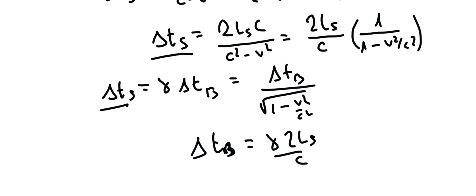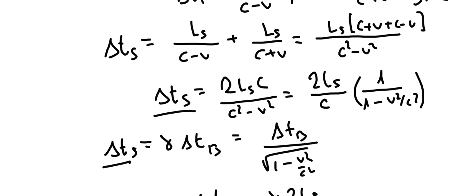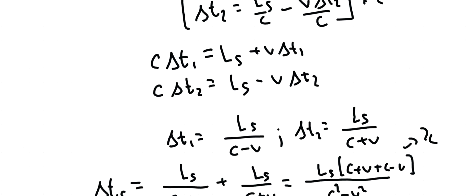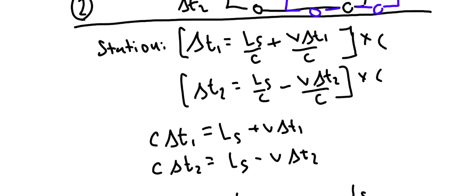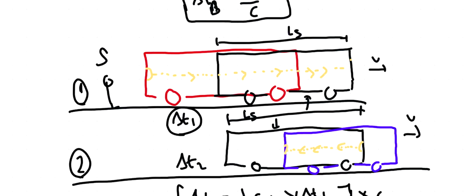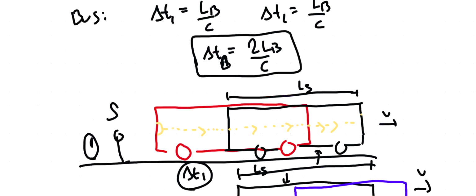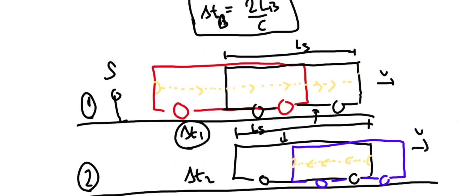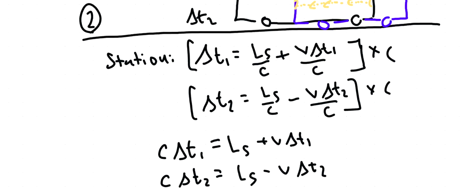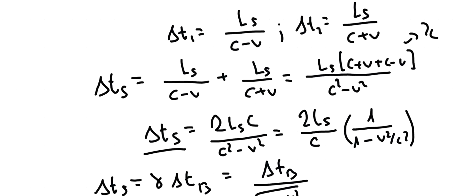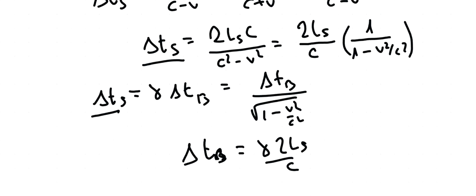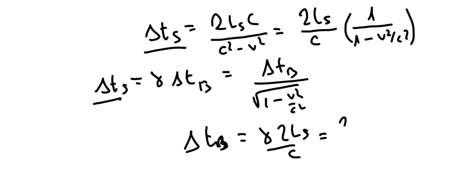But let's go back to the previous equation that we found for the guy on the bus. We found for the guy on the bus that delta Tb is 2lb over c. So this is also 2lb over c.